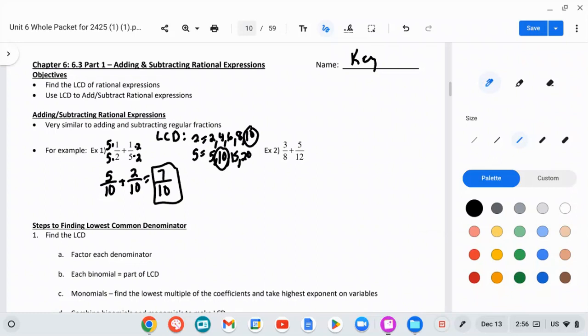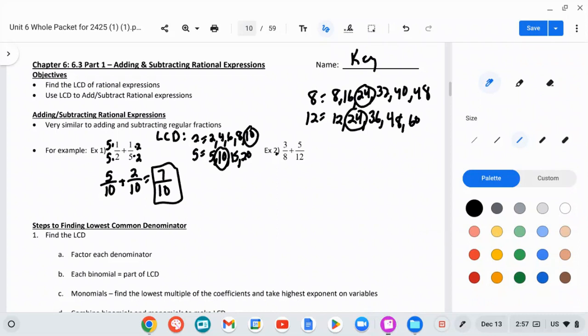The next one, 8 and 12. If we do my multiples out: 8, 16, 24, 32, 40; 12, 24, 36, 48, 60. It looks like 24 is our lowest common denominator. So we want to get the bottoms, the denominators, to be 24.